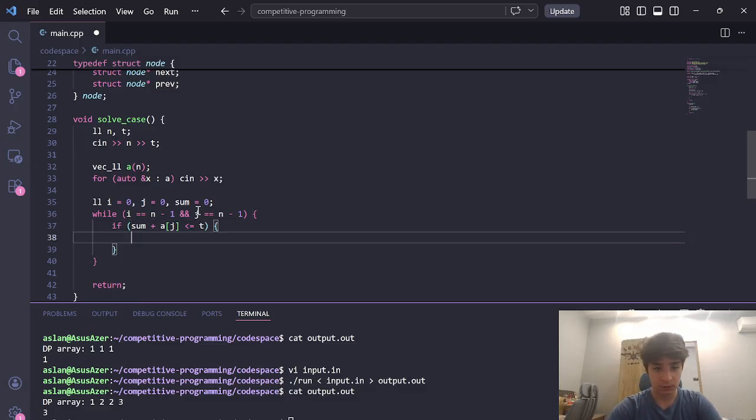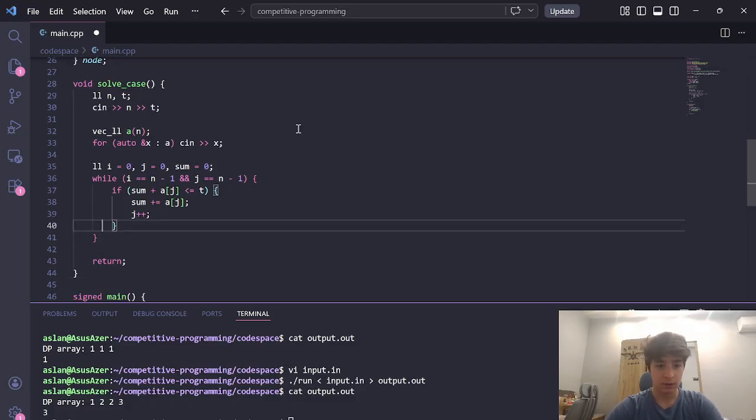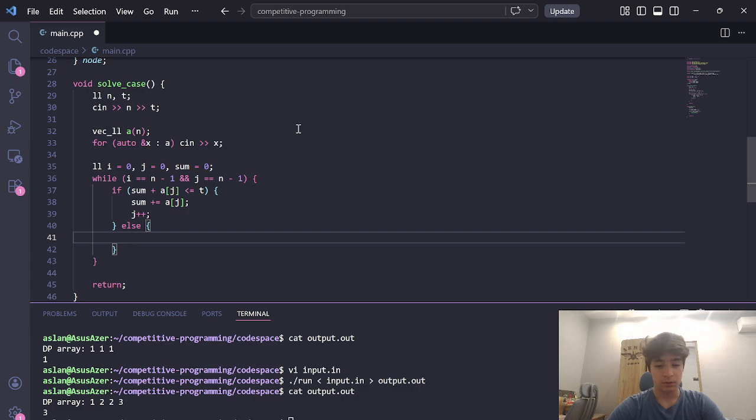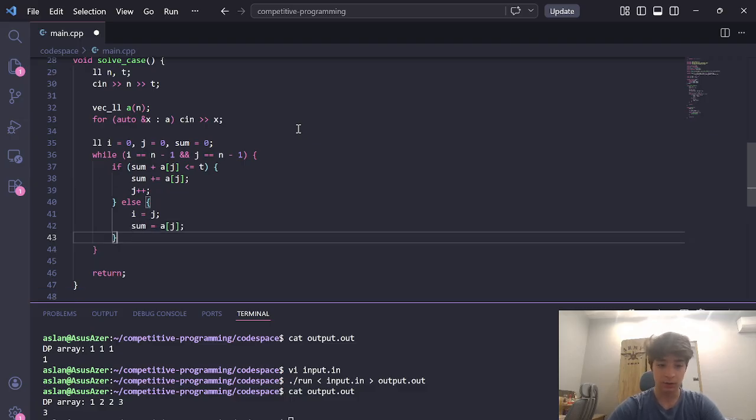Let's do j plus plus, and do sum plus a[j]. At the else position, if it's bigger, just move i equal to j and make sum equivalent to a[j].